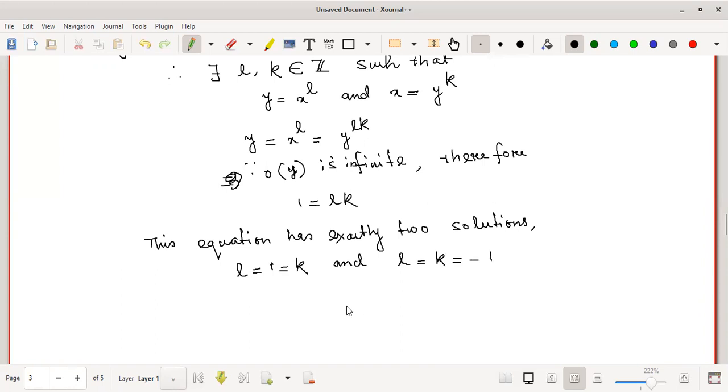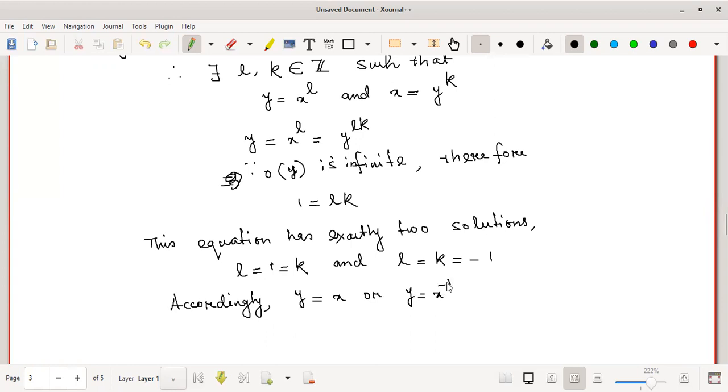These are the solutions. So accordingly, if L equals K equals 1, then y equals x, or y equals x inverse.